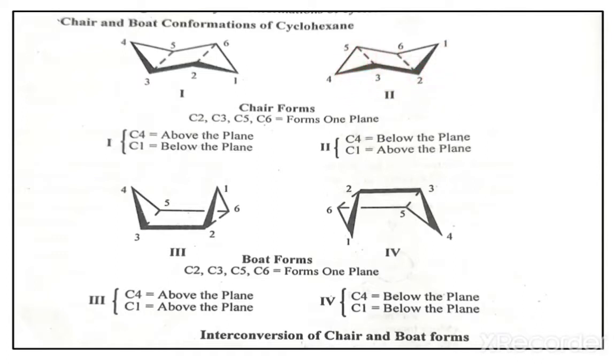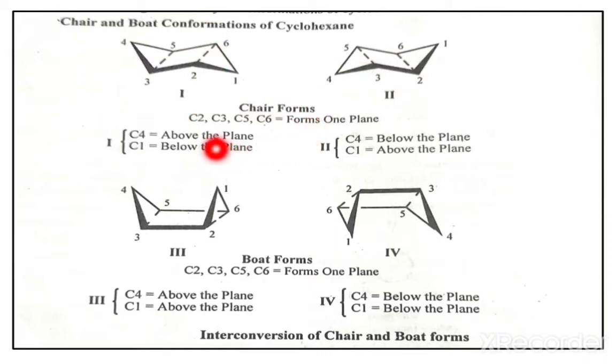Now if we see this chair form, in this chair form the C2, C3, C5, C6 form one plane. Here again, these four carbons form one plane.